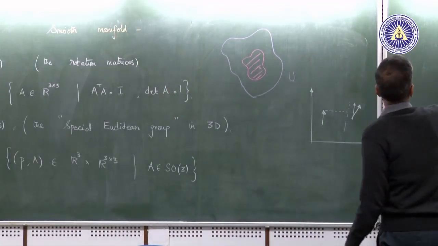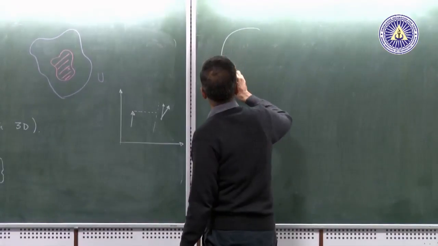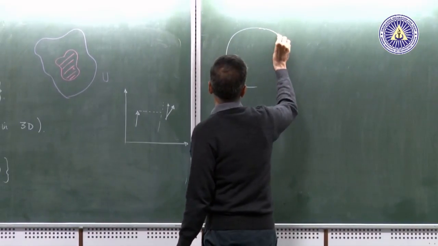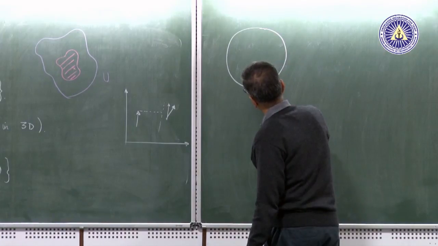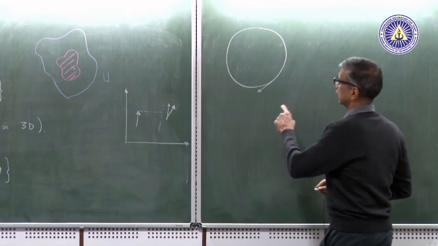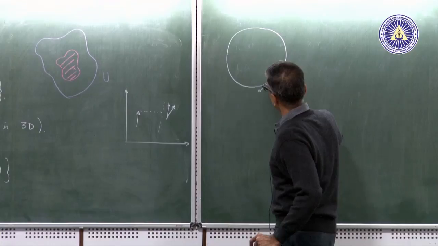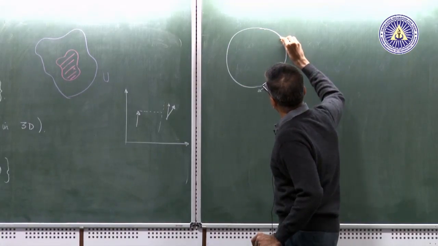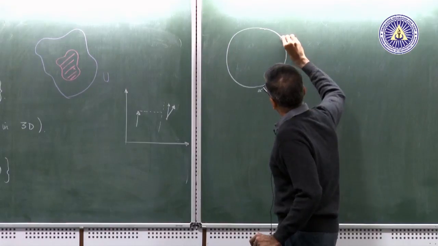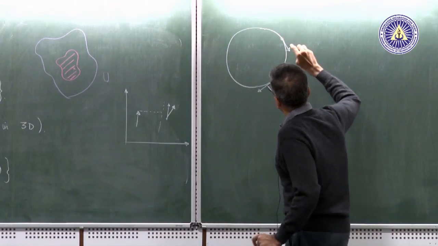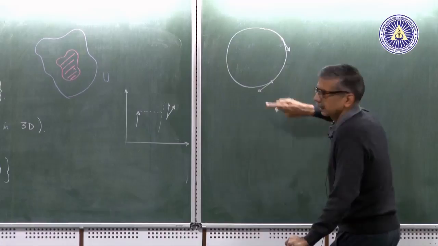But it is not very clear how I do this on a circle. Suppose I had a vector here which is maybe describing the velocity of a particle moving in a hoop, or a vector here. Now, is there any way I can compare this vector to this vector?